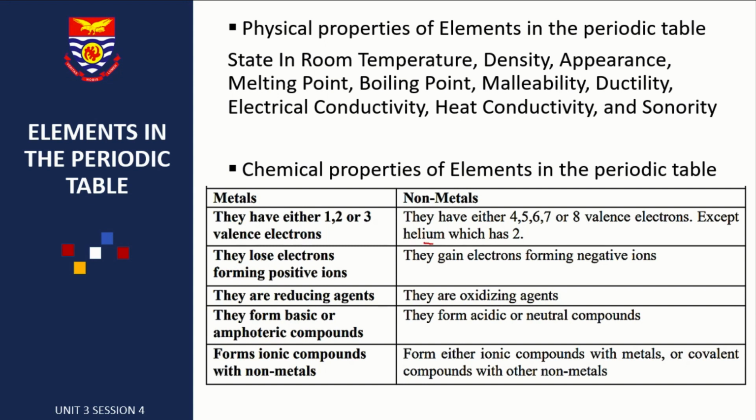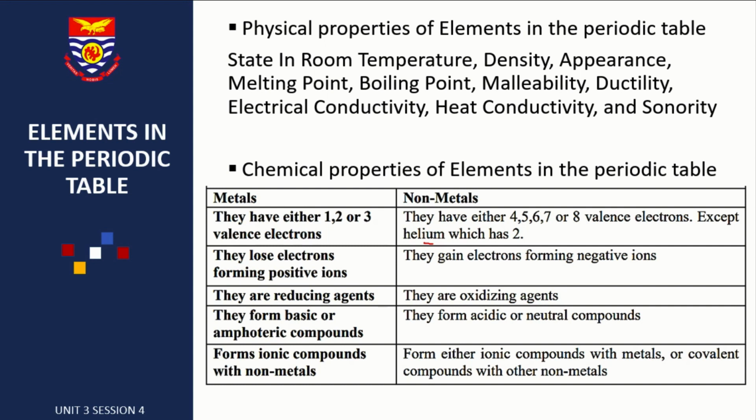Helium, which has 2. So anytime you find an element and you know the number of electrons or the atomic number, you can find out whether the element is a metal or a non-metal by just drawing and finding out their valence electrons.